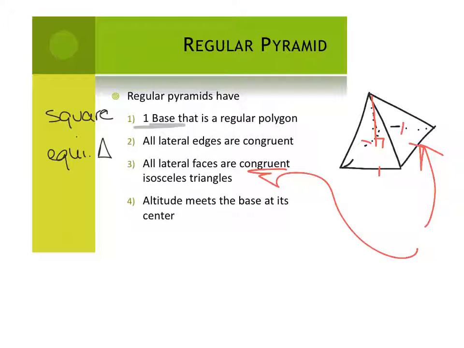And remember, all of our lateral faces, these things on the sides, maybe I'll highlight it, would be congruent isosceles triangles. Remember, your altitude meets the base at its center. So this is the altitude that I drew in right here, which is also known as the height of the pyramid. When we cover surface area, we'll be using the lateral or the slant height.